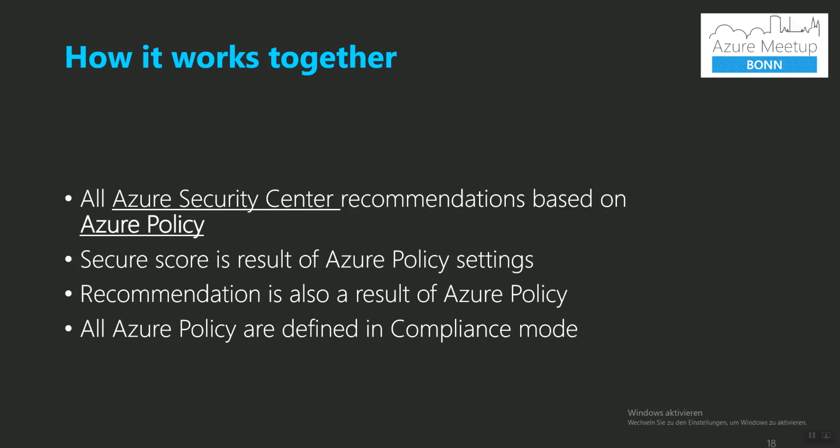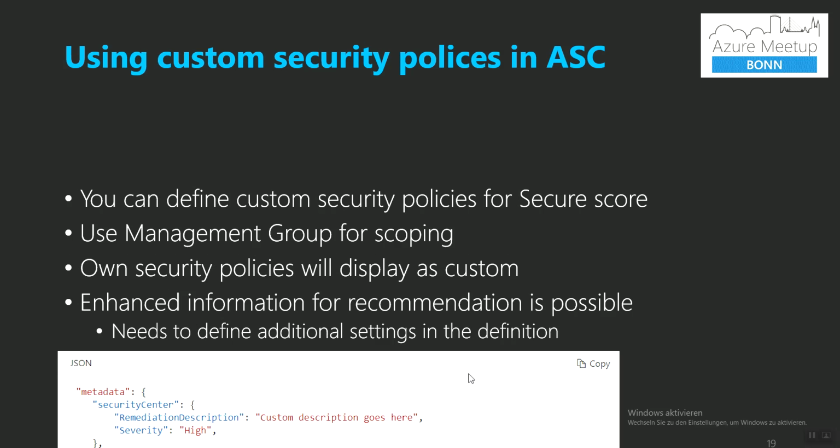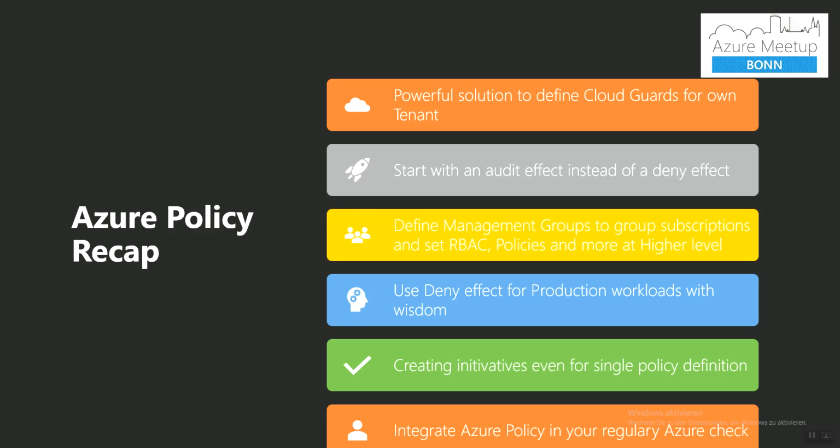The Security Center recommendations based on Azure Policy, which I have shown you in the demo, are also a result of the Azure Policy settings. You can also define a custom security policy for a secure score and define this on the management group level. This is really helpful to get more out of the Security Center.